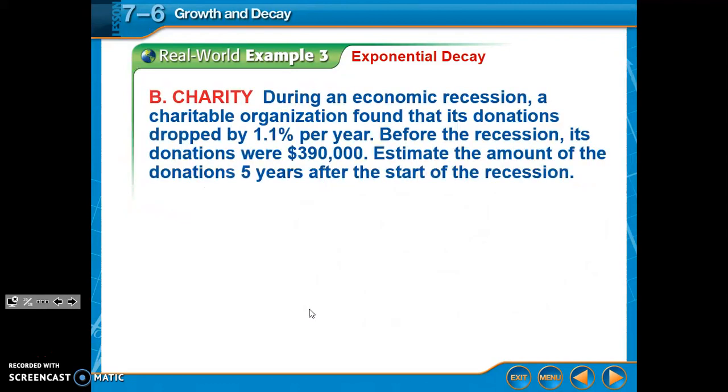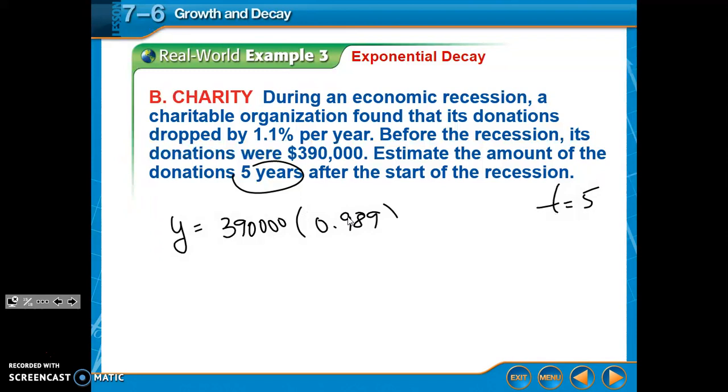So in part B, now they want us to estimate the amount of donations 5 years after the start of the recession. So now they're telling us, okay, what is that when t equals 5? And we're going to plug that in. So our equation was 390,000 times 0.989 to the t.